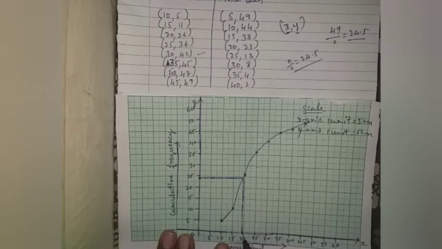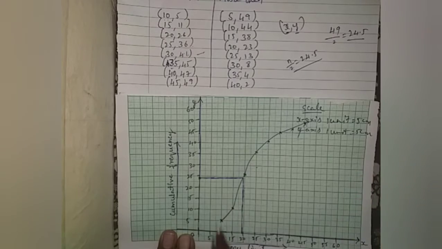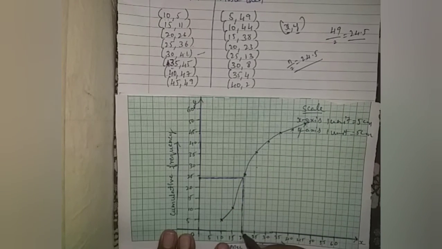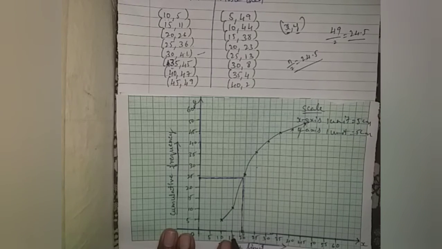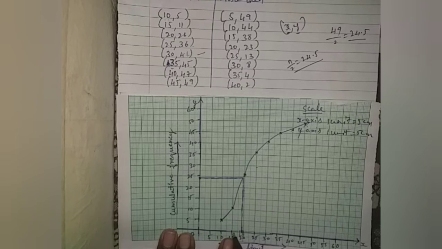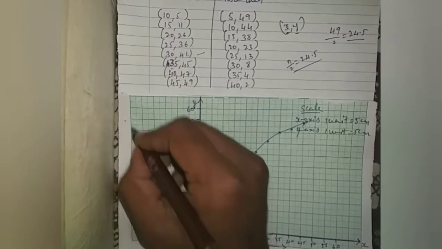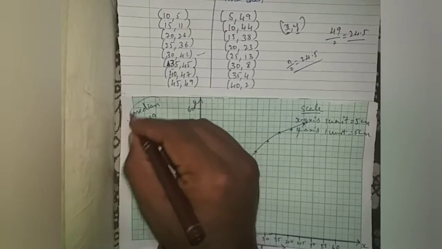Wherever the point is touching on the x-axis, keep this in mind, that is how to find the median in a single graph. Wherever a point is touching the x-axis, that point we consider as the midpoint. See, 15 and 20, maybe 16, 17, 18 and 19. So the median is nothing but 19.